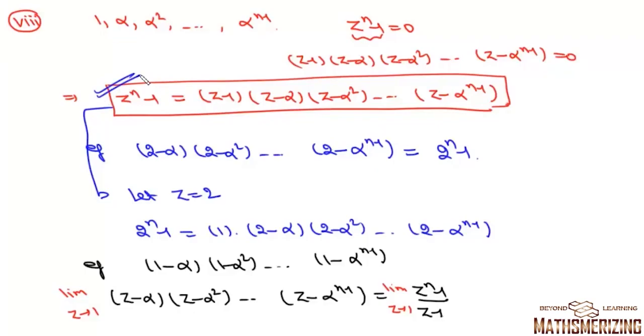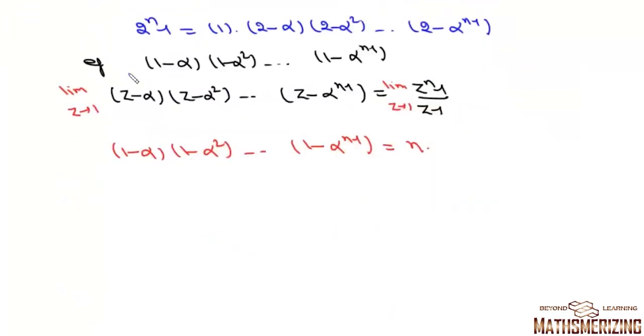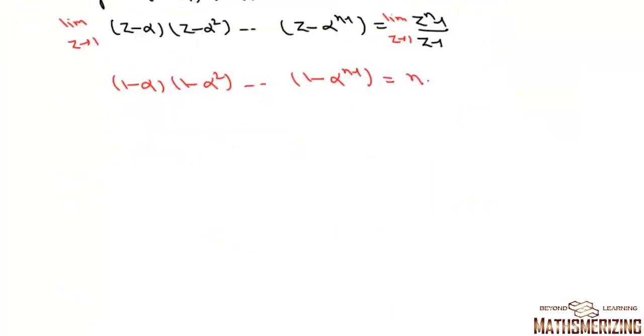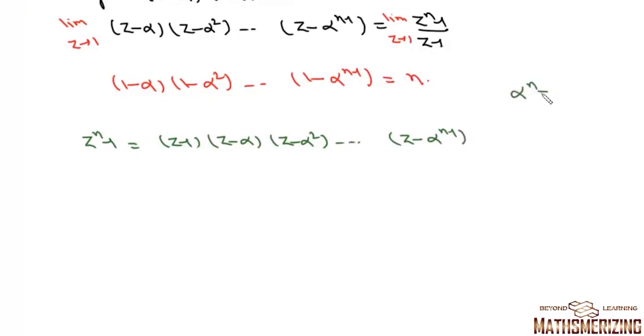Now a corollary to this result is, we know that we can write z to the power n minus 1 as z minus 1, z minus alpha, z minus alpha square, up to z minus alpha to the power n minus 1. Now we also know that alpha to the power n is 1 and that alpha to the power n minus 1 will be equal to 1 upon alpha, which is nothing but alpha bar.